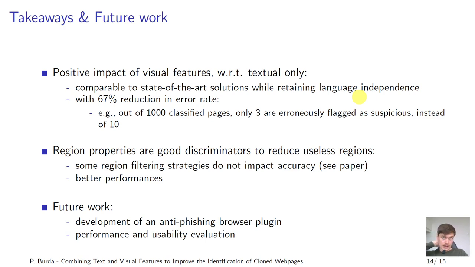reduction in error rate is very useful if you have users who use this method, and who are happier to have potentially only 3 erroneously flagged websites than 10. This makes a big difference from a usability perspective.